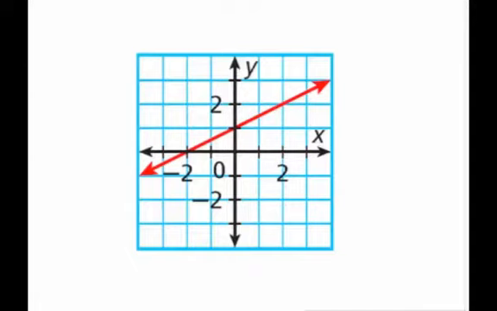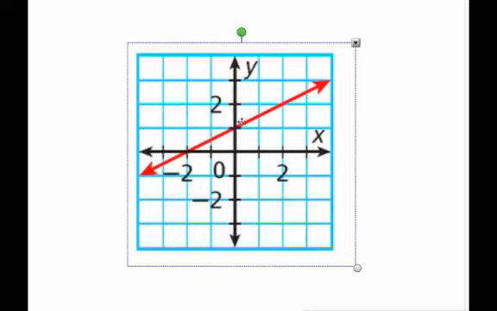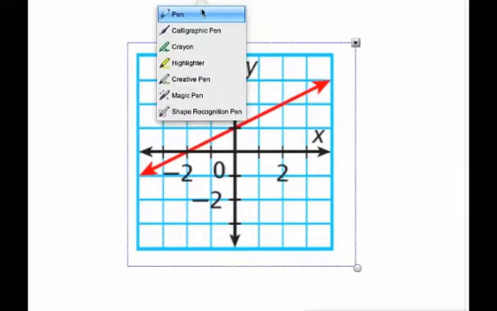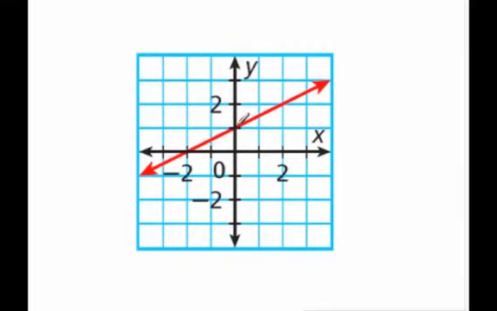So if I want to identify and label my intercepts here, I'm going to look at where it crosses each of the axes on the coordinate grid. In this case, I have a point at (0, 1), and that represents my y-intercept, because my x is 0 and my y is 1.